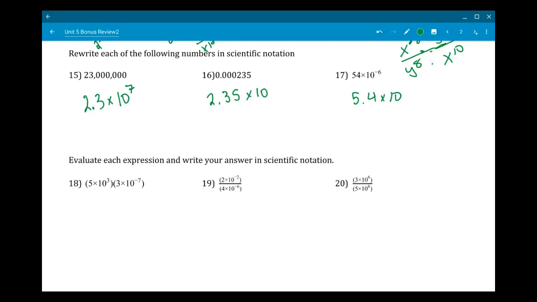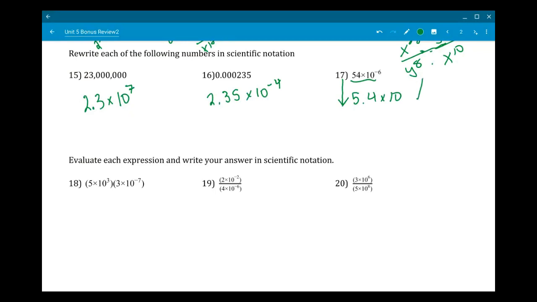I would essentially have to move that decimal place 7 times to the right. For 2.35, I would be dividing it 4 times. I'd be moving that decimal place to the left 4 times. For number 17, it was almost in scientific notation to begin with, but not quite. I don't want to change the value of this number, but I had to lower the value of my 54 to 5.4.